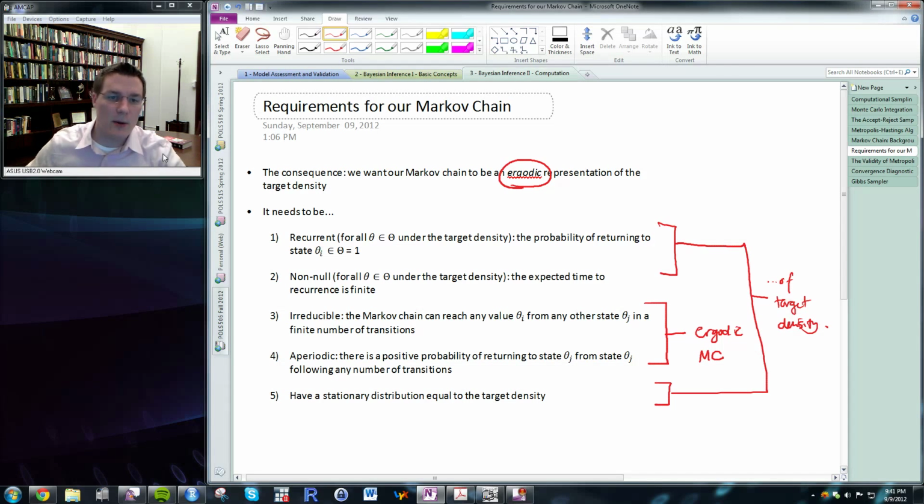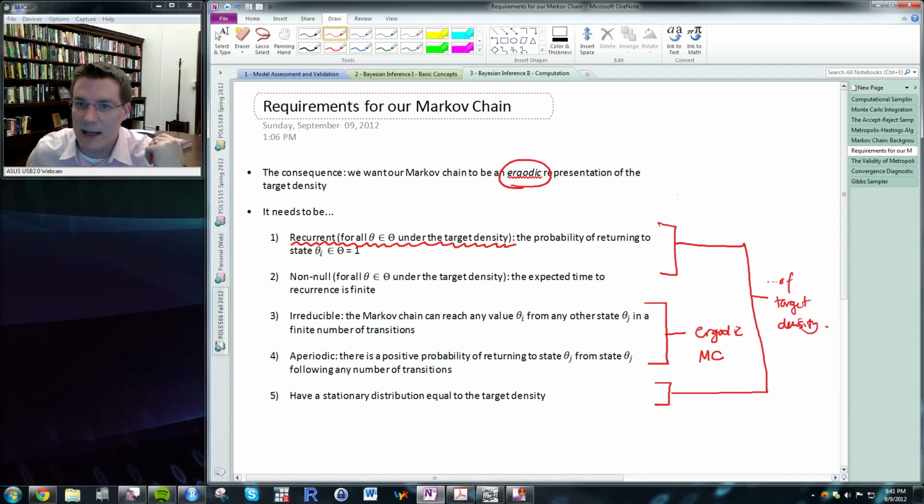So the first thing we want is for our Markov chain to be recurrent for all theta under the target density. What recurrence means is that the probability of returning to any state under the target density is 1. What does this mean in practical terms? We want to get samples out of the density for the support of that density.